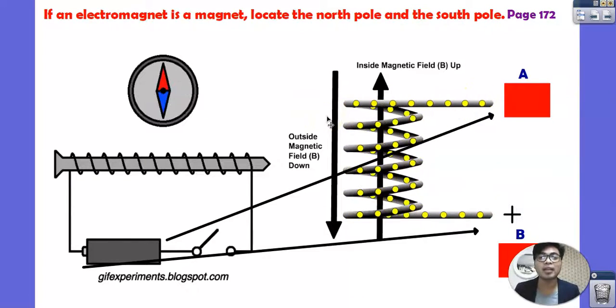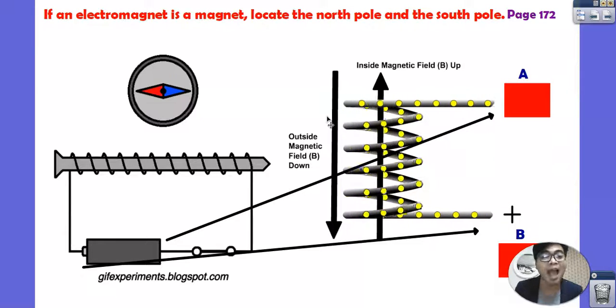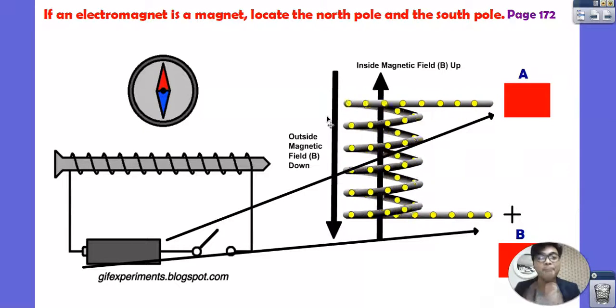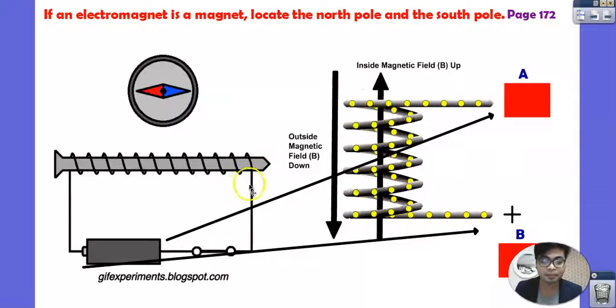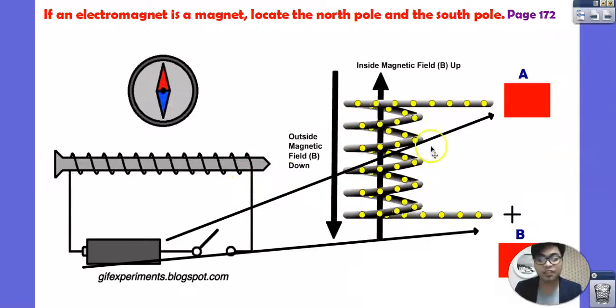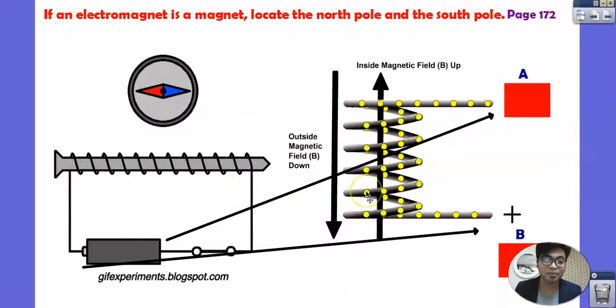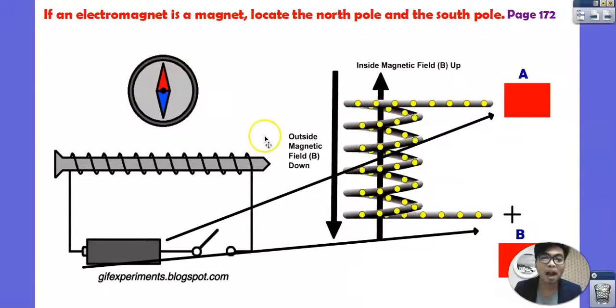So this time we're going to locate where the north pole and the south pole of our electromagnet are. Based here on the diagram, which do you think is the north pole? The clue is to take a closer look at the compass.